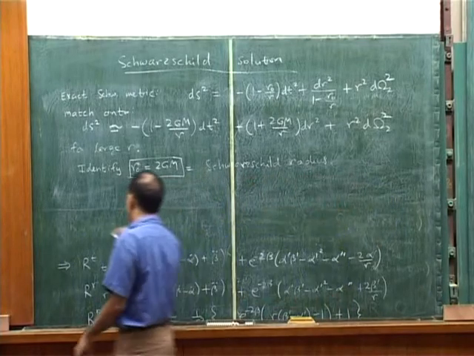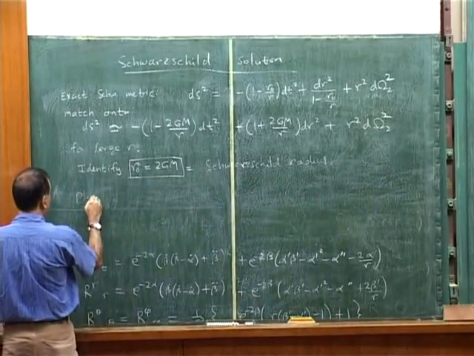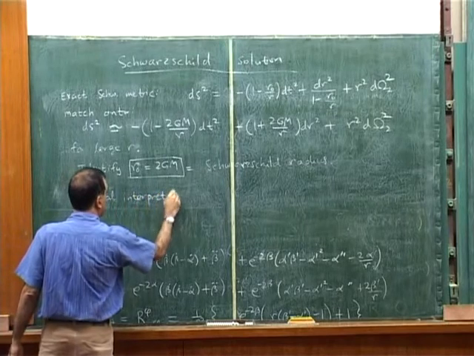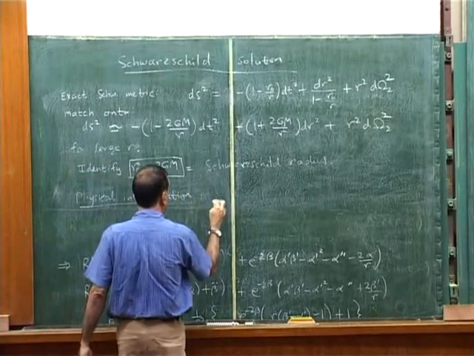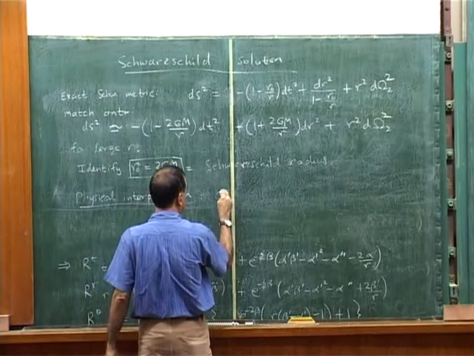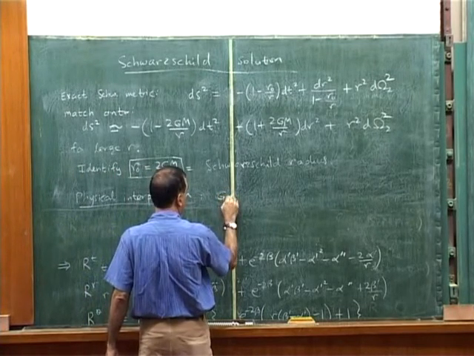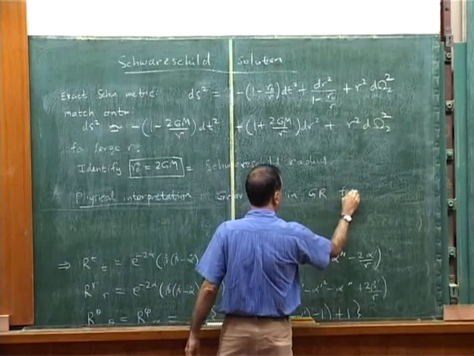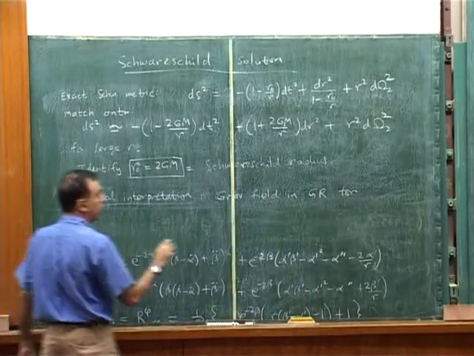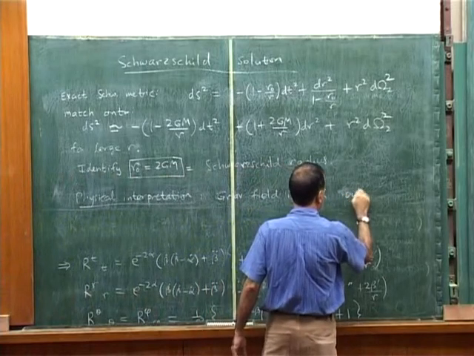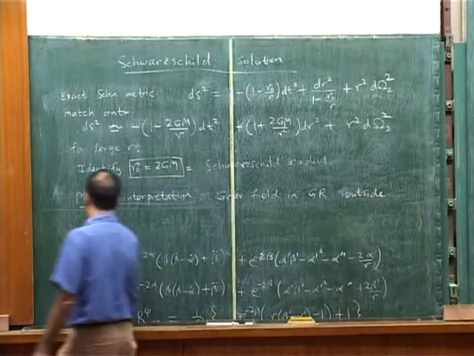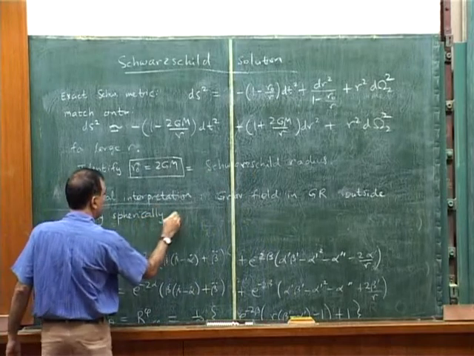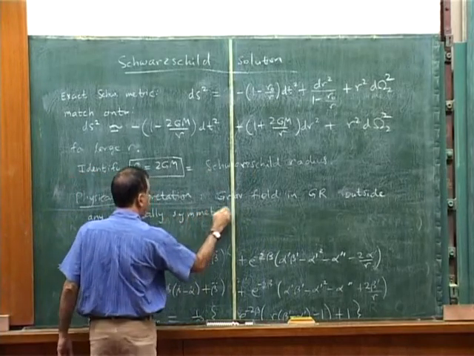Now the physical interpretation. Based on everything we've said, this describes the gravitational field in general relativity by specifying the metric for any spherically symmetric body outside.